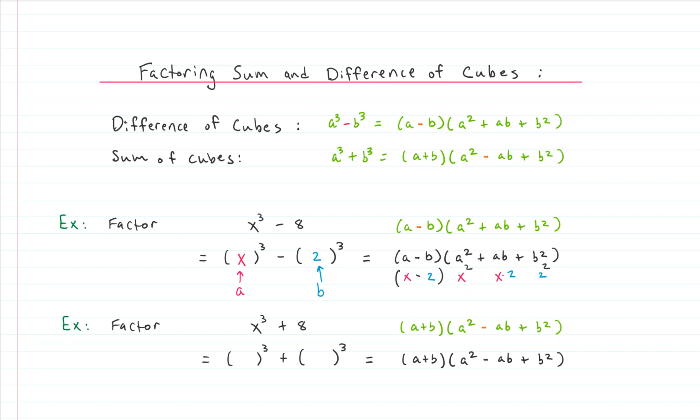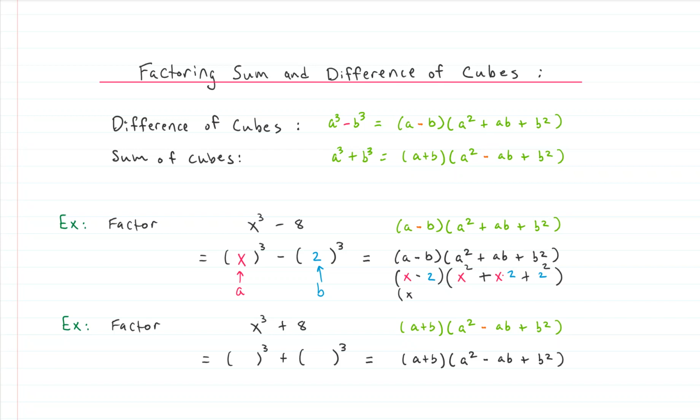So a minus b becomes x minus 2, and our a squared becomes x squared, plus we have a times b, which is 2 times x, or x times 2, and we have b squared, which is 2 squared. Let's rewrite this so it looks a little bit better, and then we'll be done.